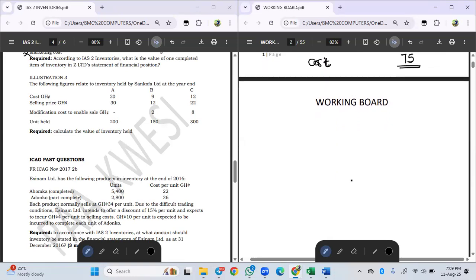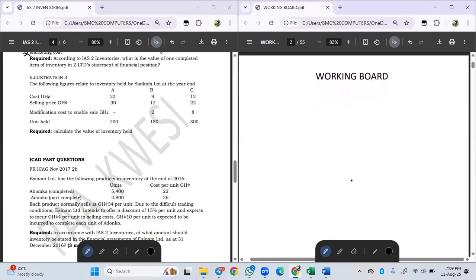So let's move on to illustration 3. The following figures relate to inventory held by Sankofa Limited at the year end. We have A, B, and C. Then there's cost, selling price, modification cost to enable sale, and units held. Required: calculate the value of inventory held.